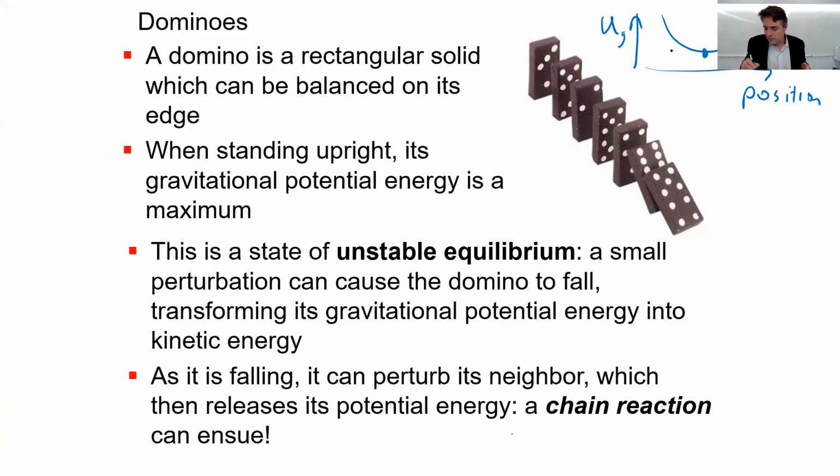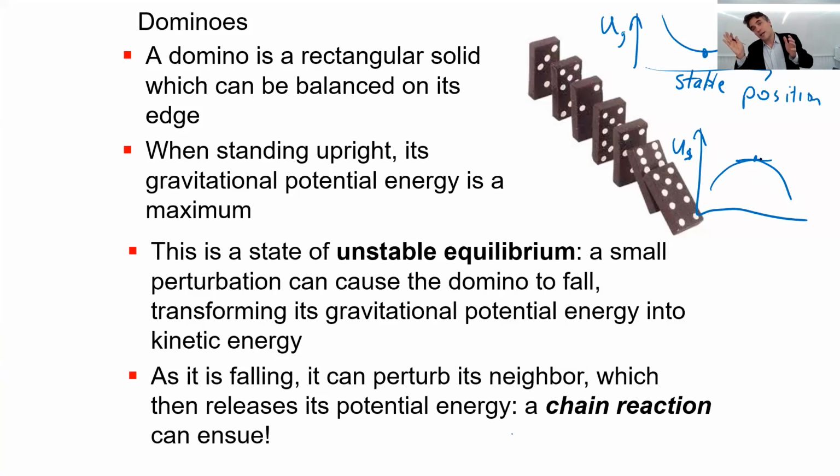If you move either way, you're at the bottom of a hill, and so the gravitational potential energy increases, and then you just roll back to the middle. That's called stable. And I'll talk more about this a little bit later. It does come up in the book. If it goes like this, which is the case for the domino, U sub G, where you push it in either way, if you tip it this way, the gravitational potential energy goes down.